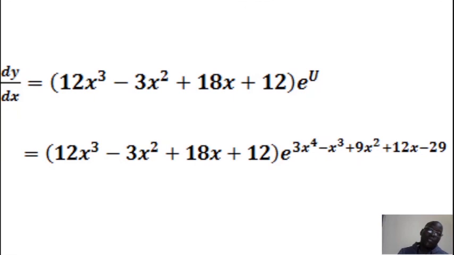Are you okay? Then after this, I want you to read and work. Is there any advantage? Is this particular differentiation useful for anything?